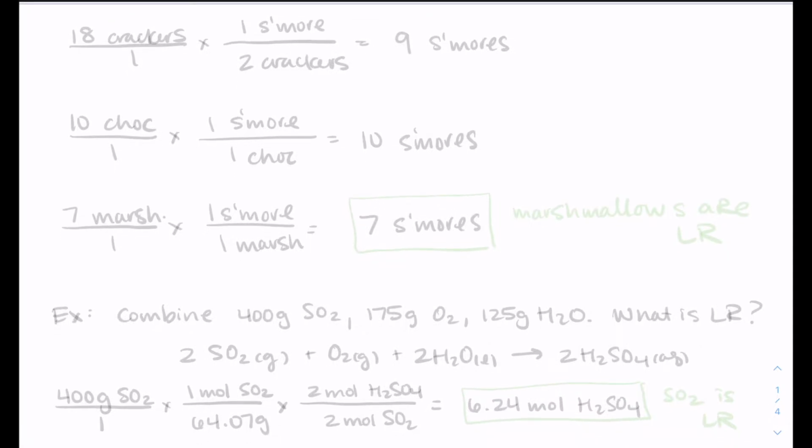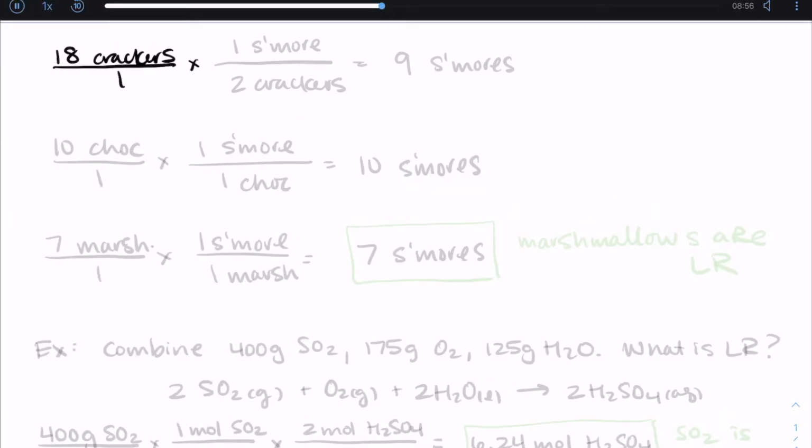So if we're going to do exactly this with chemicals, let's do it with unit conversions as well. For the 18 crackers, from my balanced reaction equation, I know that for every 1 s'more I get, I need 2 crackers. This means I could make 9 s'mores from my 18 crackers.